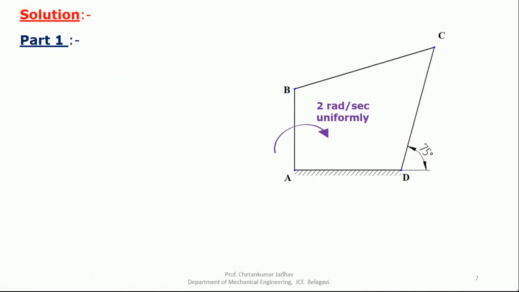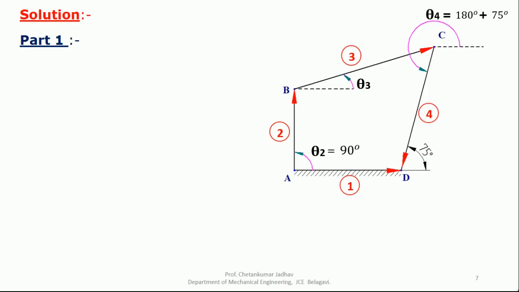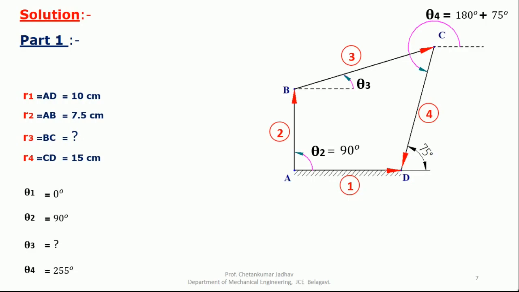Let me start with the solution for the given problem. We can solve the given problem in 2 parts, part 1 and part 2. Here, first we'll assign different directions to different kinematic links, and also write the length of each link and the angle made by each link with respect to the positive real axis in anticlockwise direction.